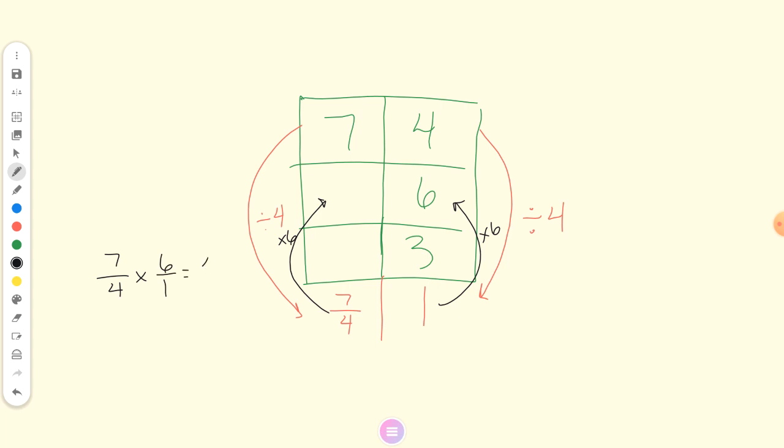7 times 6 is 42 times... Now, what could I type into my calculator now? Kendall? 42 divided by 4, which would give us like 10 and a half, I think. Is that right? Yes. Type it in, 42 divided by 4, 10.5, okay? So we could write 10.5 or 10 and a half.